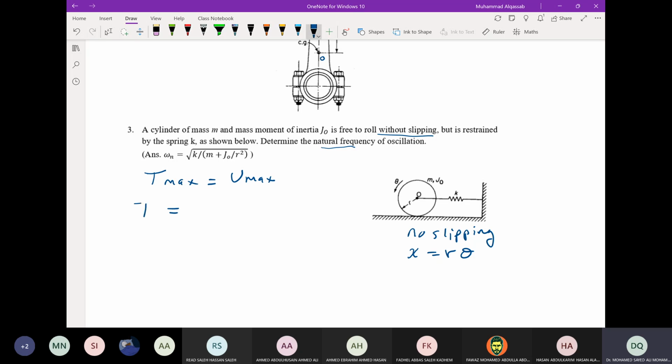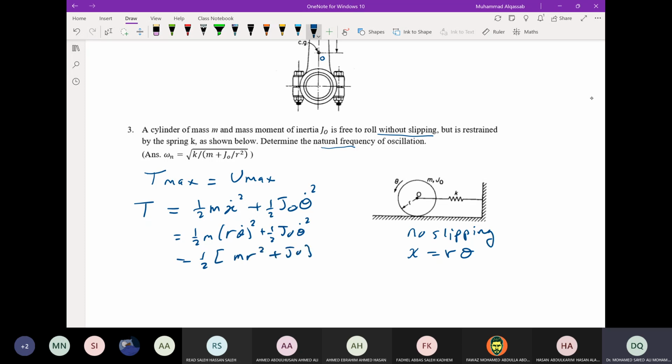The kinetic energy for the cylinder is half m x dot squared plus half Jo theta dot squared. You just need to replace x in terms of theta. This will be 1 over 2 m x dot, it means r theta dot, all squared, plus half Jo theta dot squared, and you can simplify this as 1 over 2 times m r squared plus Jo multiplied by theta dot squared.